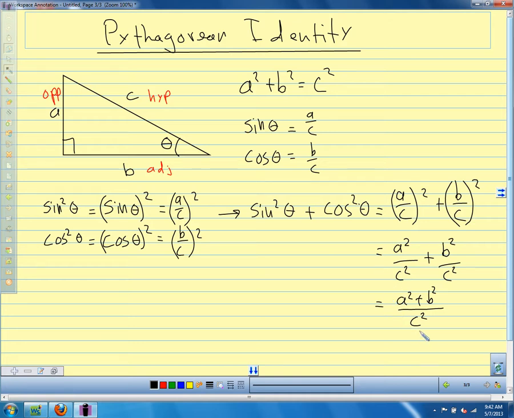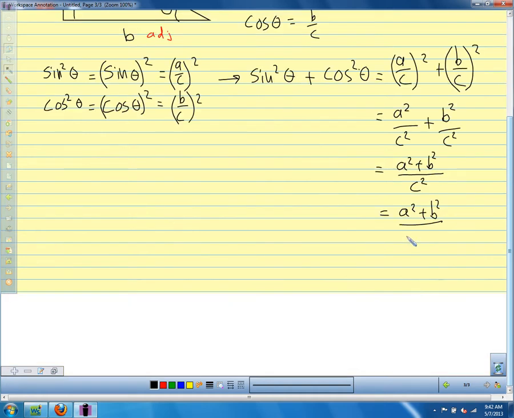What does the Pythagorean theorem tell us that C squared equals? A squared plus B squared. C squared equals A squared plus B squared. So I can take A squared plus B squared and put it right in here for C squared. So I have A squared plus B squared over A squared plus B squared.